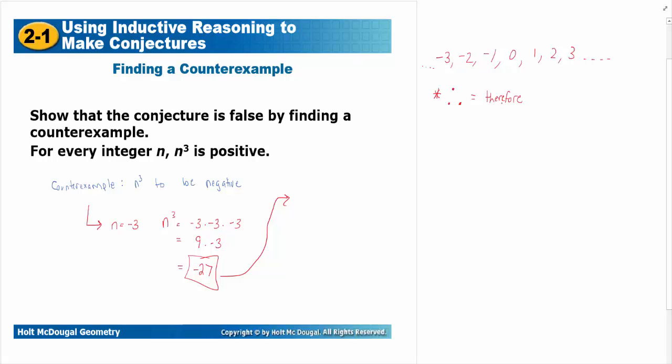This is a very common symbol used in math and any other thing that involves logic and where you're trying to prove things to be true. You're going to make your statements, and then you're going to say therefore. In this case, I'll say therefore the conjecture is false.